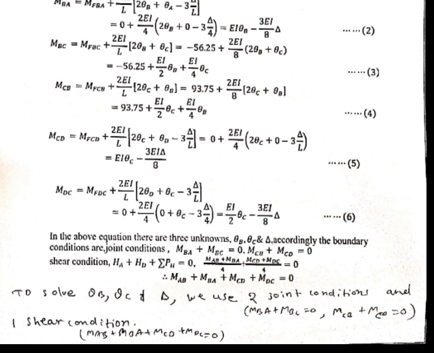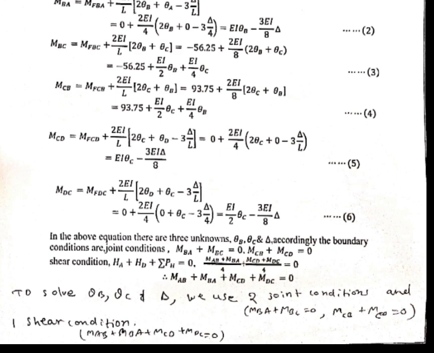MAB, MBA, MCD, MDC everything we'll assume in the clockwise direction, and then if we apply sigma moment about B equal to 0 we will get HA, applying sigma moment about C equal to 0 we will get HD. So HA we will get as MAB plus MBA by 4 and HD we will get as MCD plus MDC by 4, equal to 0.